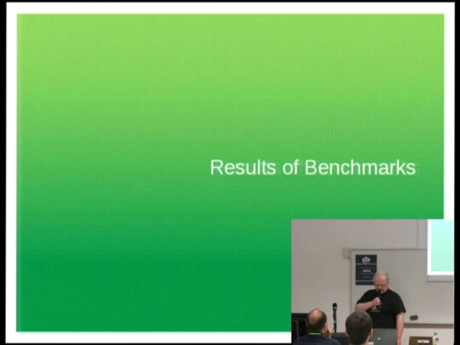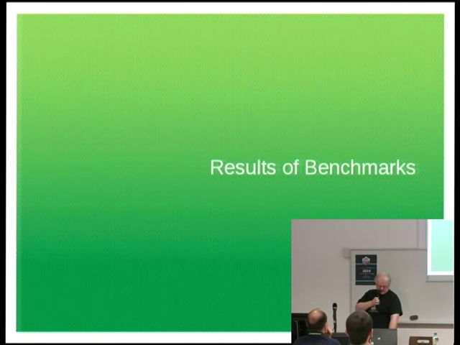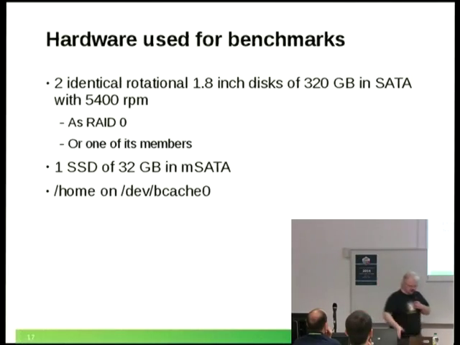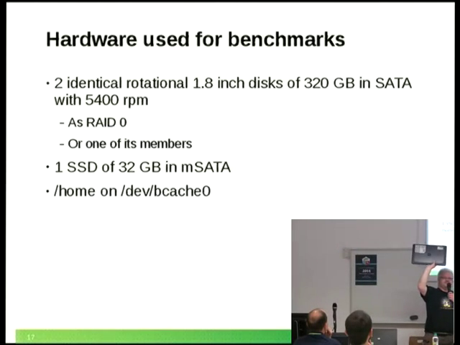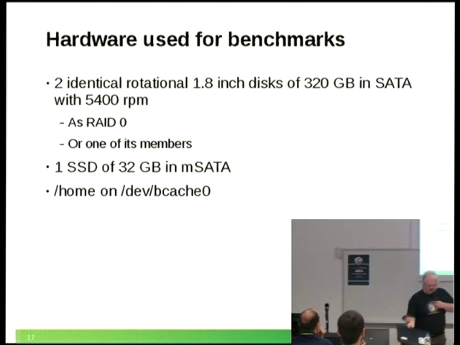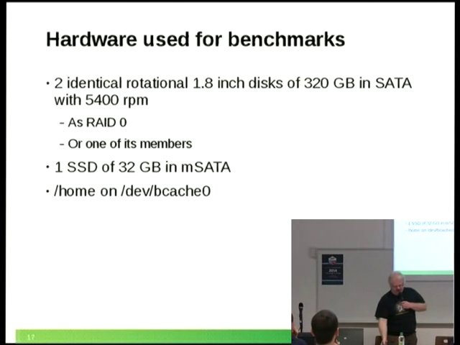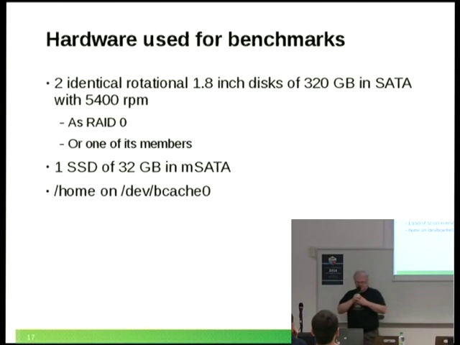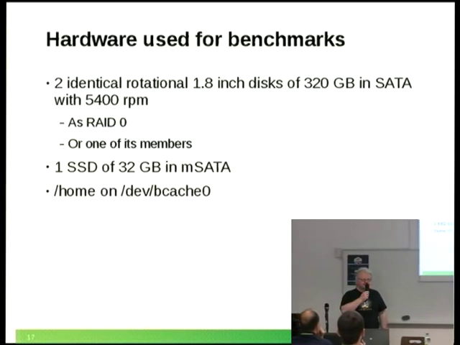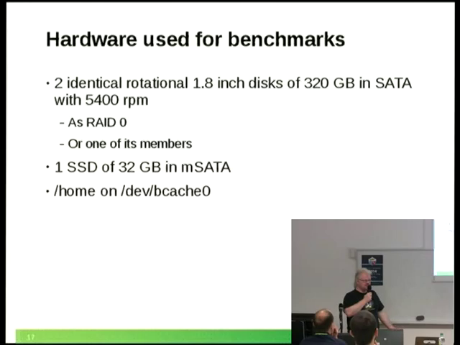So, I've made benchmarks, so you are seeing actual numbers here. They have been done on this system. This is quite a nice laptop, in my opinion. I like them large because it can accommodate multiple disks. So I've tested the worst case for Bcache against a RAID array.